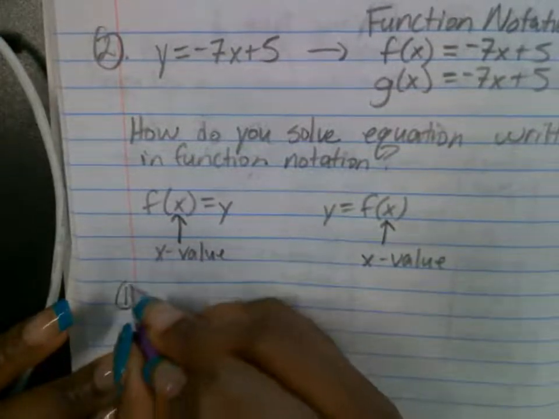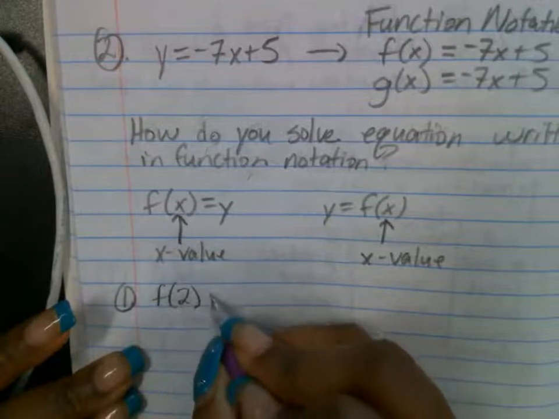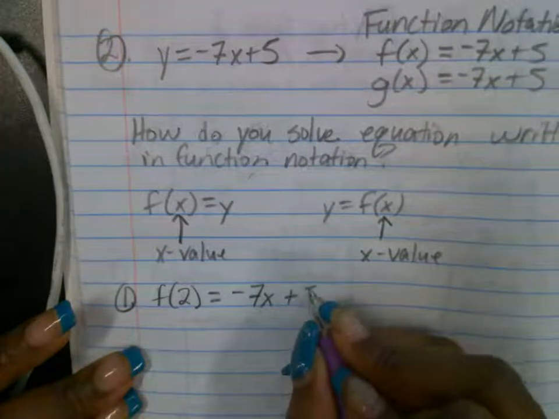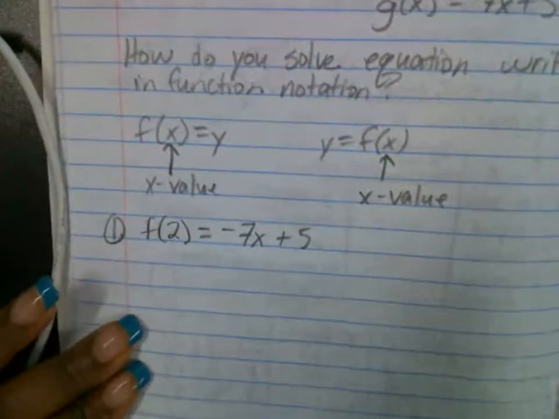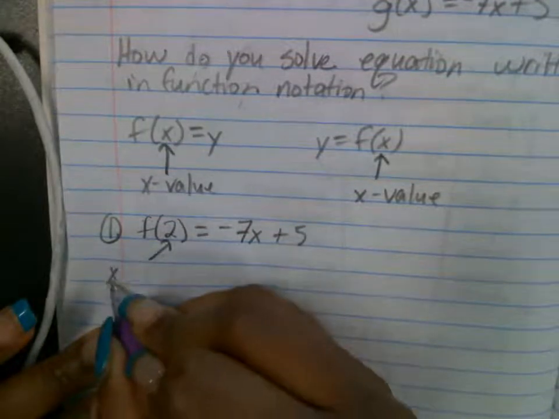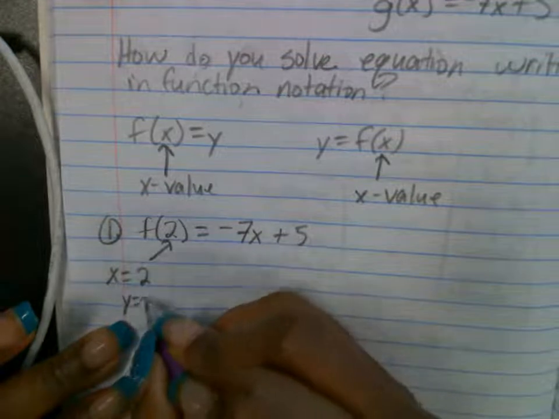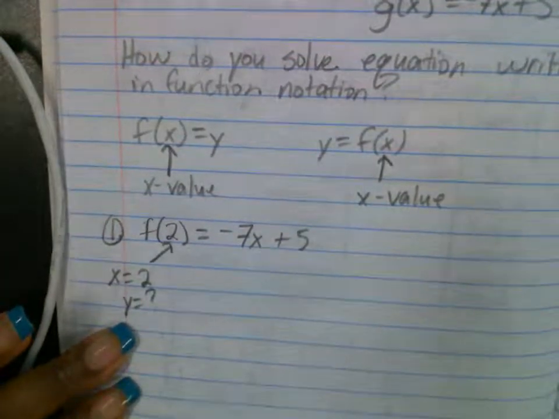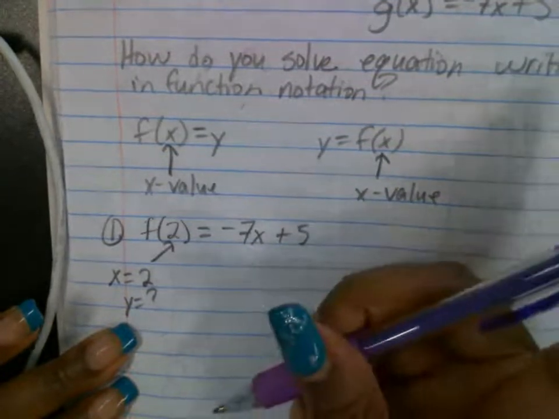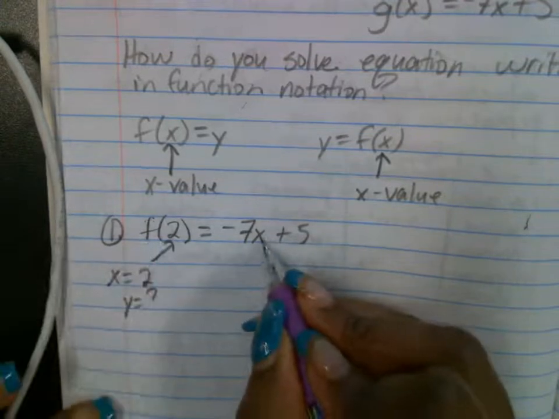So when you see an equation that's written in function notation, you might see f of 2 is equal to negative 7x plus 5. What is this saying? This number in the parentheses is saying x is equal to 2. What is the value of y? What's the value of f of x, or f of 2? So all you're going to do is substitute 2 in the place of x.